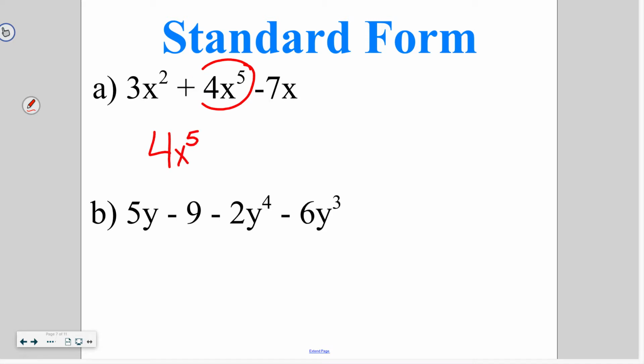It is a positive value because it came with a plus sign. Our next term is 3x squared. Again, there was no sign and it was leading, so that is a positive term. And our last one is the negative 7x. So we are going to subtract that off of the end.